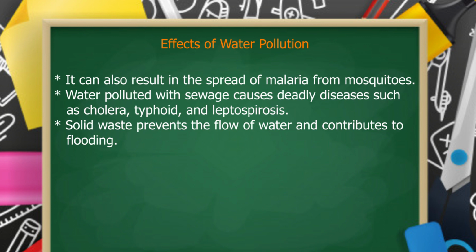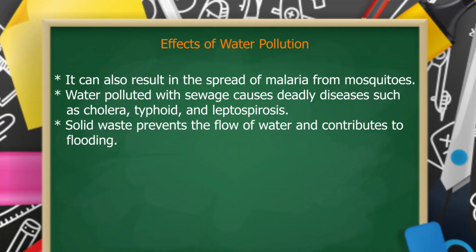Solid waste prevents the flow of water. What does solid waste do? It prevents the flow of water. If you take your old computer, your old television, or an old drum and drop it into the drain, what do you think is going to happen? It's going to stop the water from flowing freely. When you keep throwing broken pipes and so on into the trench over the road, eventually when the tide goes down the water doesn't have anywhere to go, because the place has lots of grass and these containers blocking it.